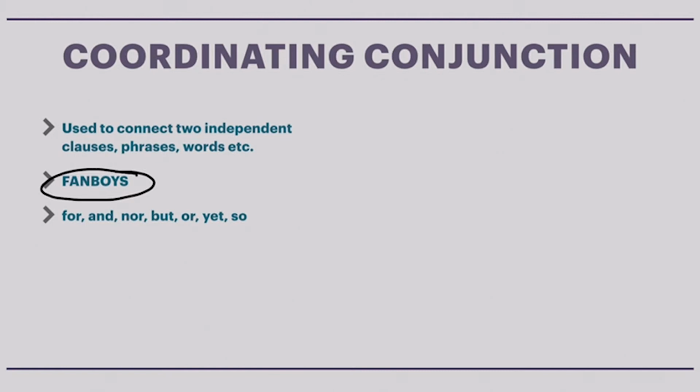We use these in a variety of ways. However, if you remember this acronym, FANBOYS, you'll never forget your coordinating conjunctions. We have for, and, nor, but, or, yet, and so. Today we're going to talk about these in the way that they combine independent clauses. So remember FANBOYS, you'll remember your coordinating conjunctions.